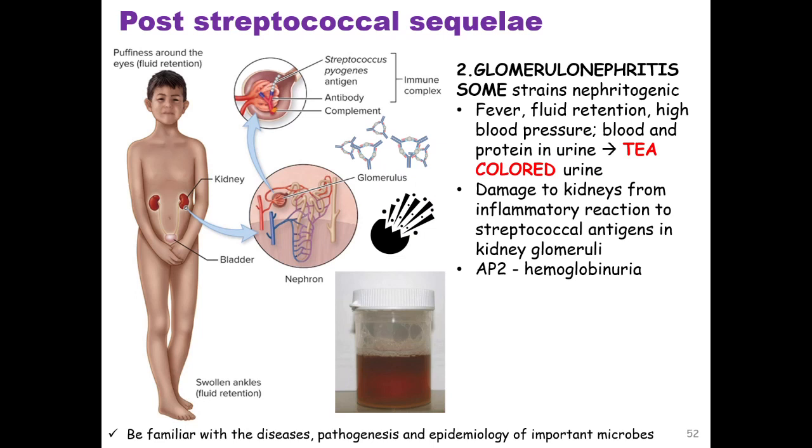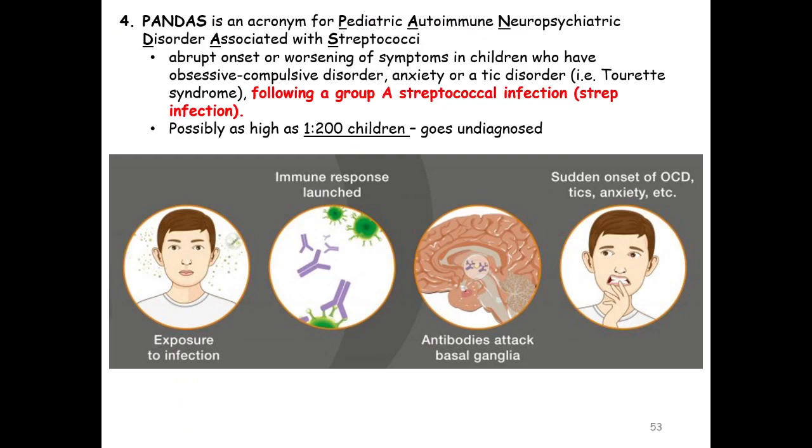They'll have sort of a swollen appearance. But the big thing that's going to be the alert is the urine's going to look like iced tea. It's going to look very dark. So hemoglobinuria, if you remember your urine analysis, that's enough to get a mom to go, whoa, okay, that's not supposed to be like that. So glomerulonephritis. It's only some strains, so not all strains will cause this.